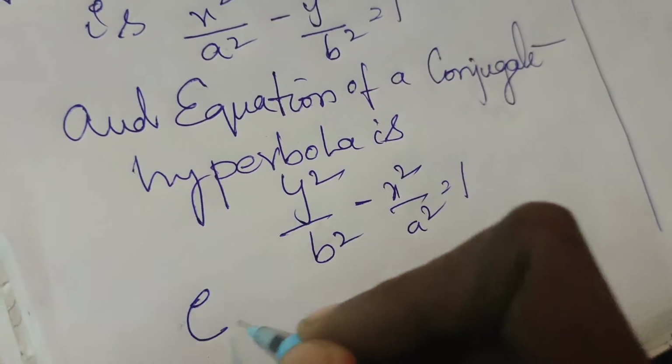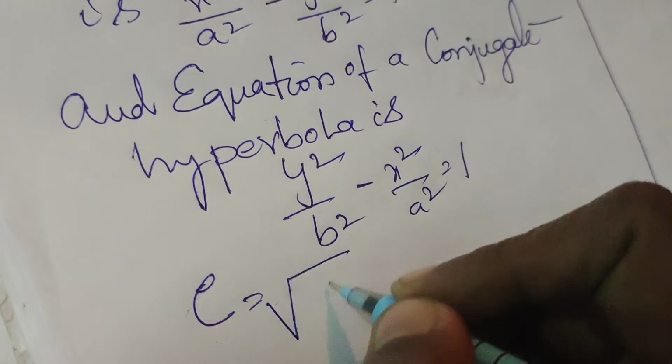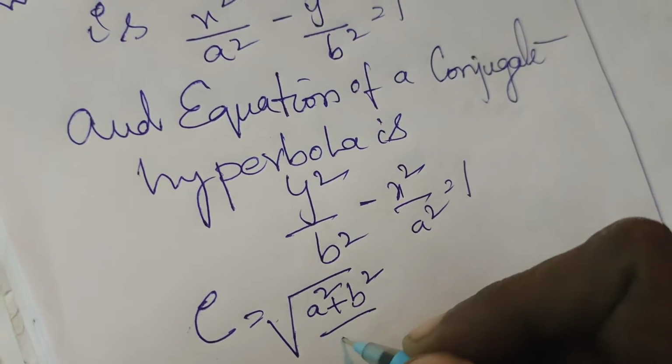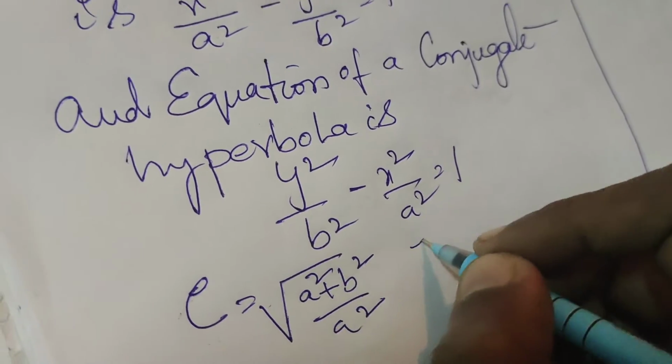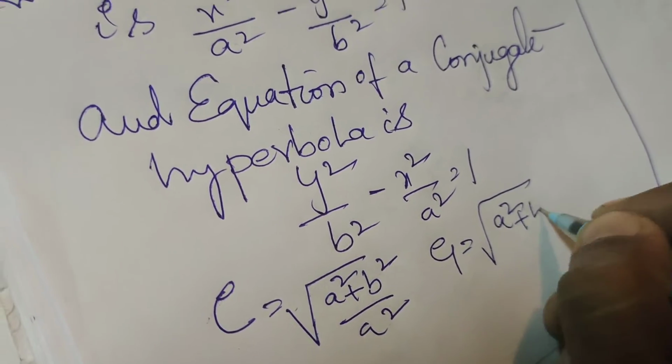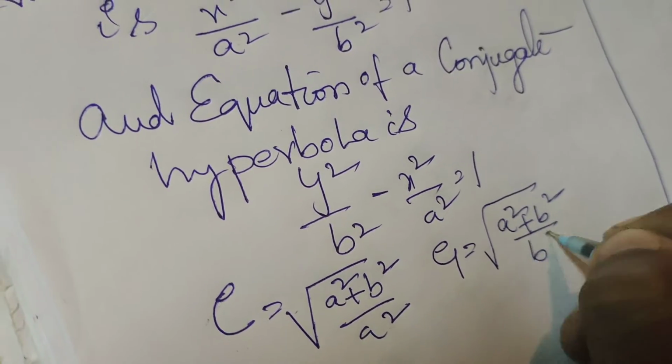Here e equals root of a square plus b square by a square, and e1 equals root of a square plus b square by b square.